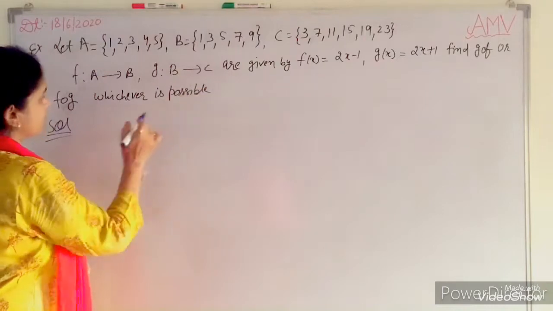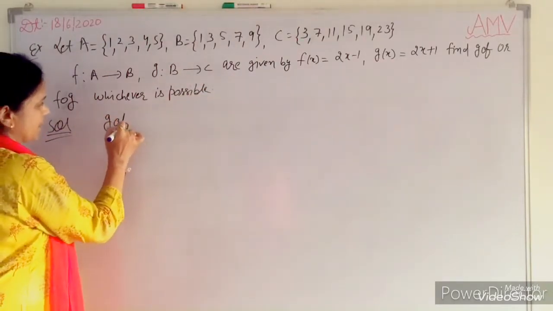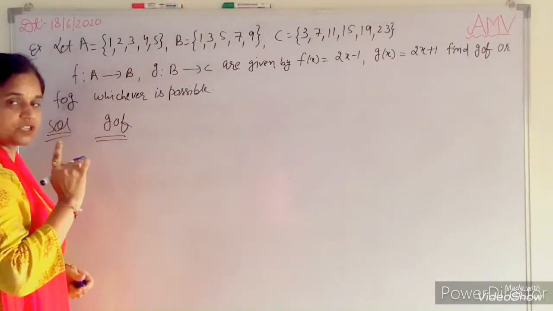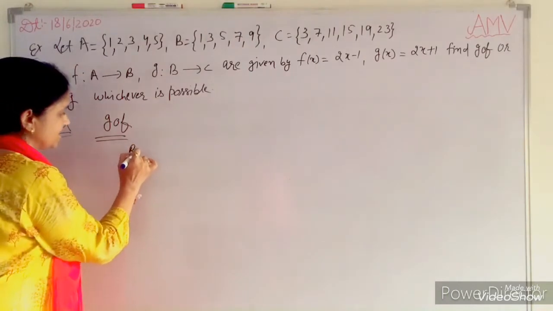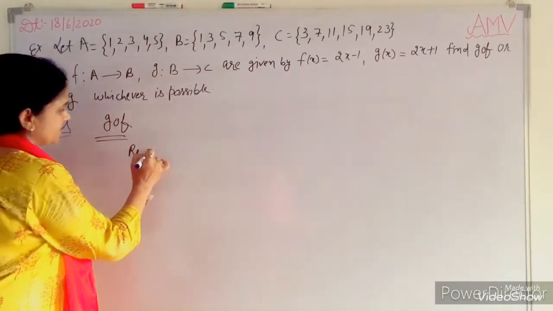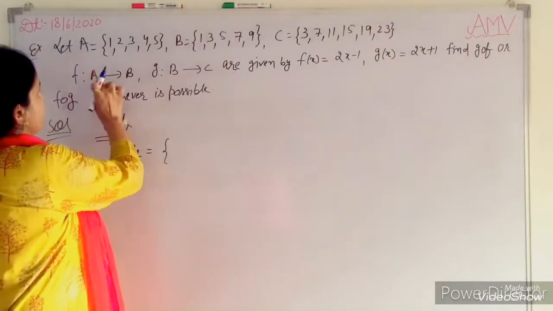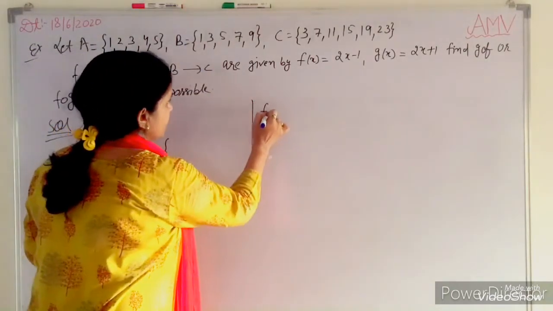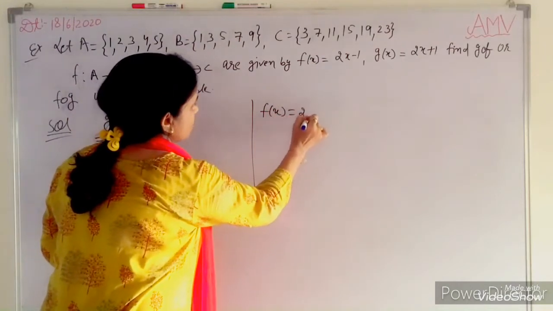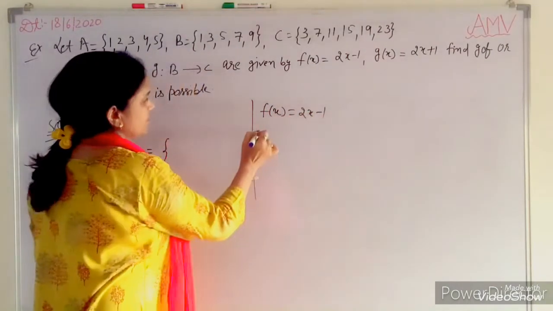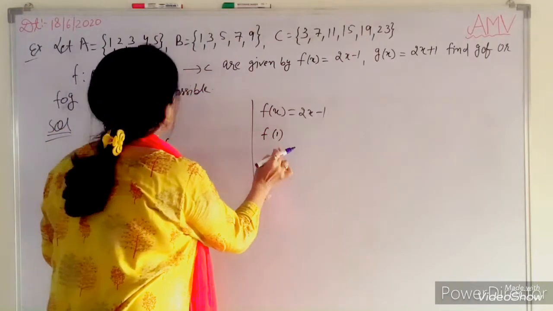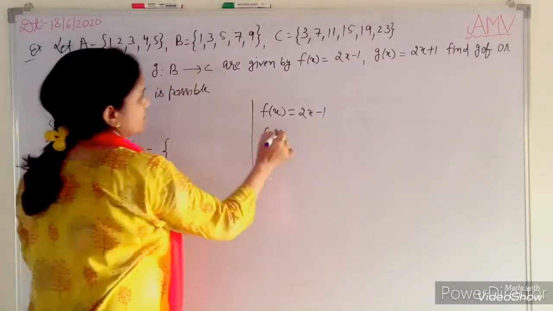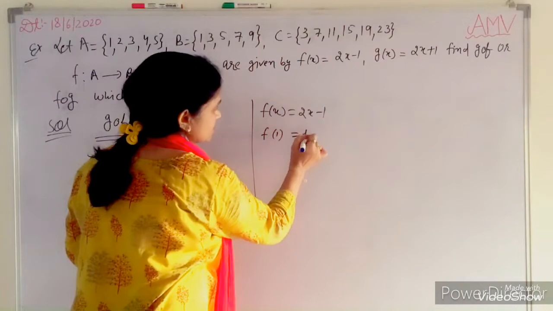First we check for g o f. For g o f we find the range of f. f is defined from A to B, student, and f(x) is 2x minus 1. To find the range, if I take x as 1, the image of 1 is 1.